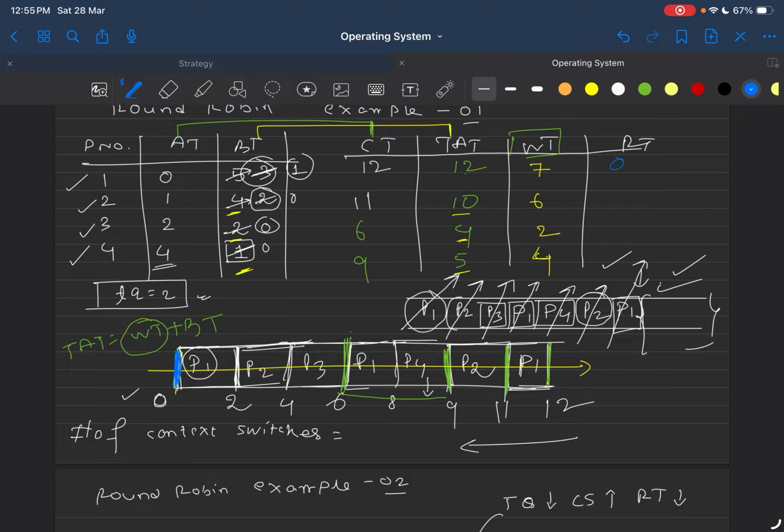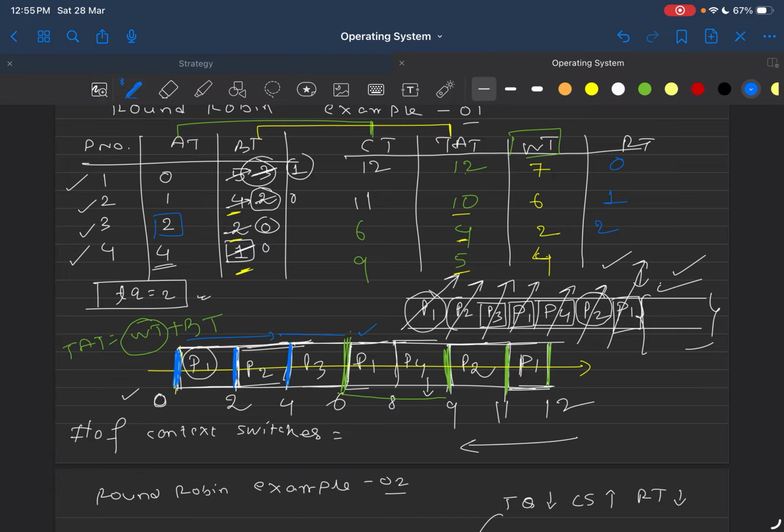When process P2 was scheduled for the first time, at time t equal to 2, and it arrived at time t equal to 1, the difference is 1. When process P3 was scheduled for the first time at time t equal to 4, and it arrived at time t equal to 2, the difference is 2.